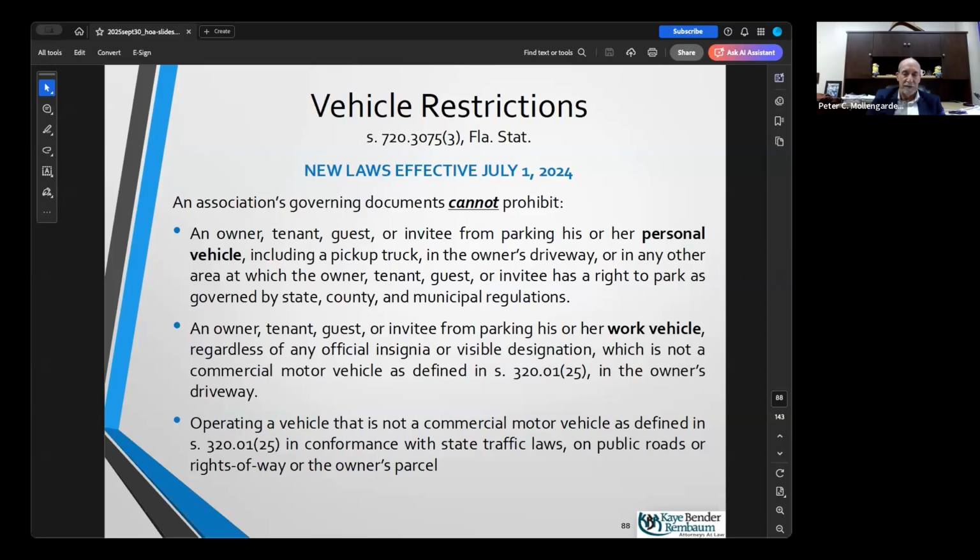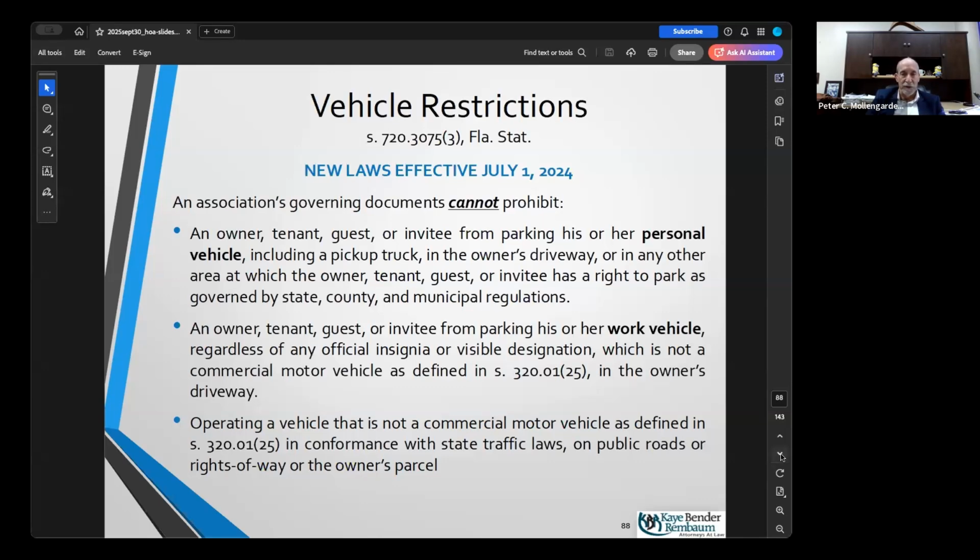In other words, unless that declaration was subject to Chapter 720 as amended from time to time. In the absence of that, I think an existing truck restriction that was in effect before this law was adopted would still be enforceable.